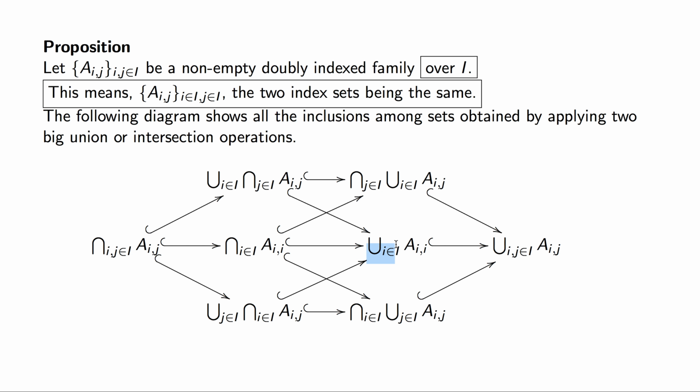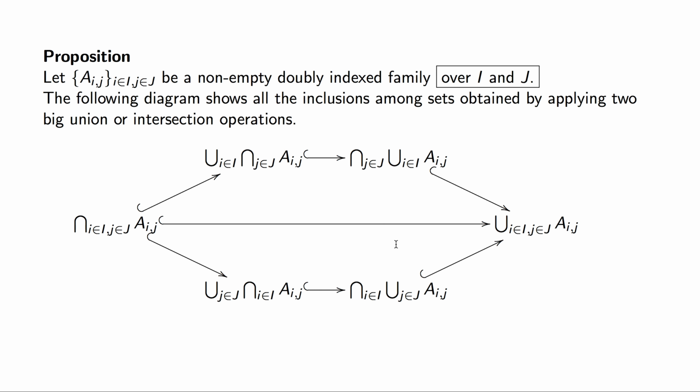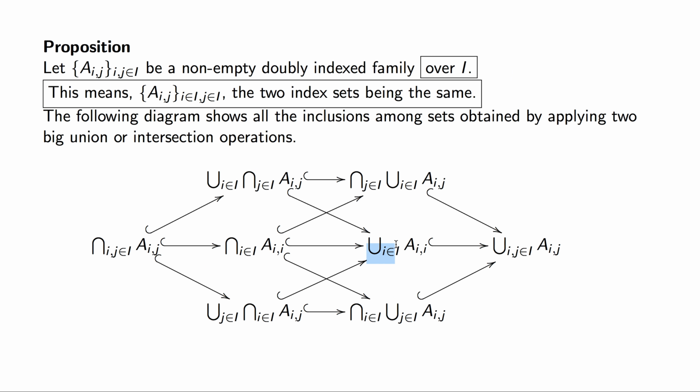Let me go back to the previous one for a quick look. Right. And now the new one. These are sets which we couldn't form in the previous setting, but now that the two index sets are the same, we can form this kind of intersection. And we are going to compare this with the situation with universal quantifiers.